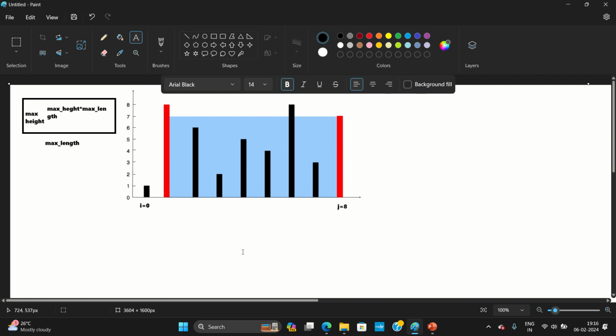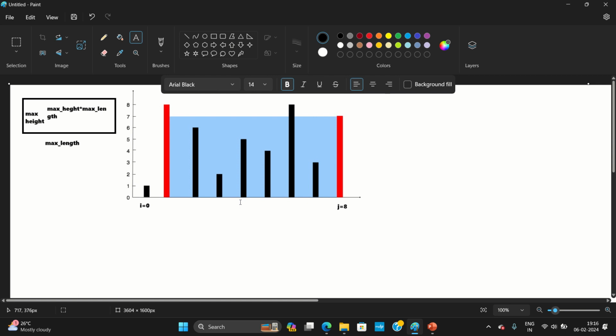Among the heights also we will try to reach the maximum height, but as we have a problem of water to be filled in the container, while calculating the area we will consider the minimum among the two heights so that the water doesn't overflow.